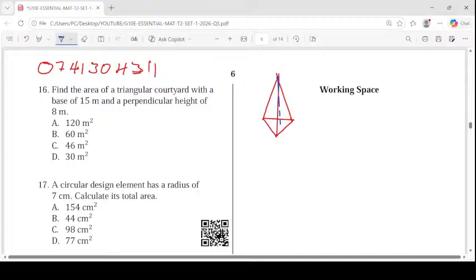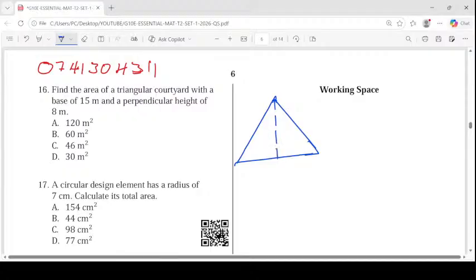So they want to find the area of the triangle. No, not this way even. What have I drawn? It's just a triangular courtyard. So if it's a triangular courtyard, probably it looks like this. We are having it this way, and here we have the perpendicular height.